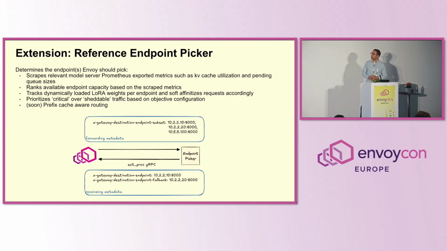There's also this capability that we've introduced to allow the proxy to provide a subset of endpoints that the endpoint picker should select from. That allows it to do filtering if you need to do some pre-processing to effectively filter out the undesirable endpoints from the endpoint picker extension.